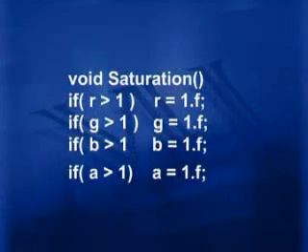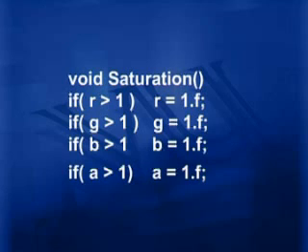In case we have certain values that are falling out of the range of 0 to 1, that means that values can be either greater than 1 or they can be lesser than 0. In both cases we would be saturating them in order to come to the defined range between 0 and 1. That part can be encoded as, let's encode it as saturation function, void saturation.